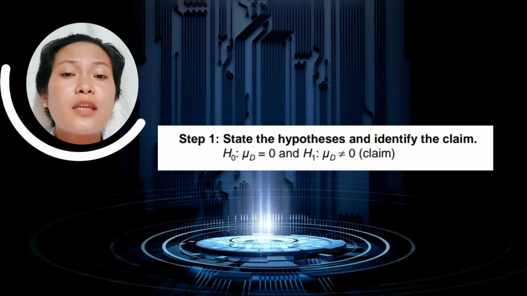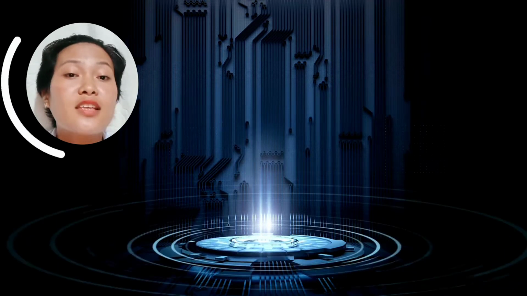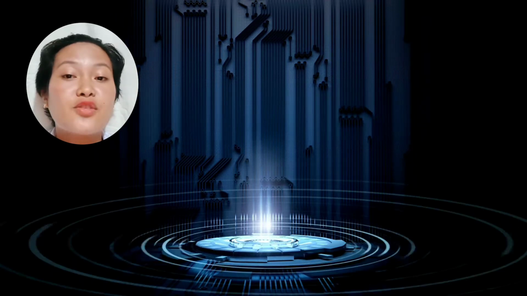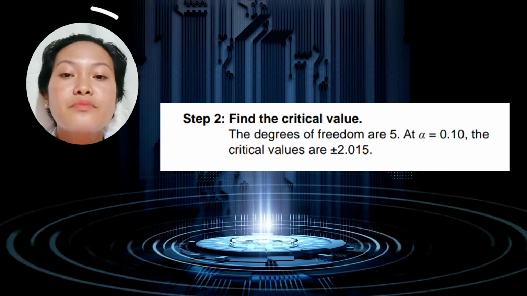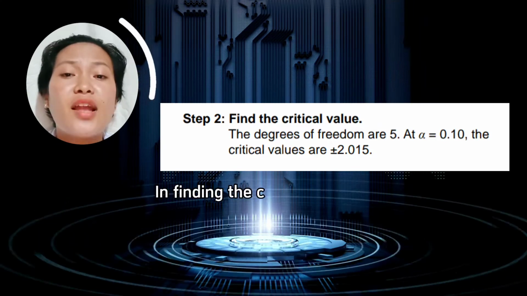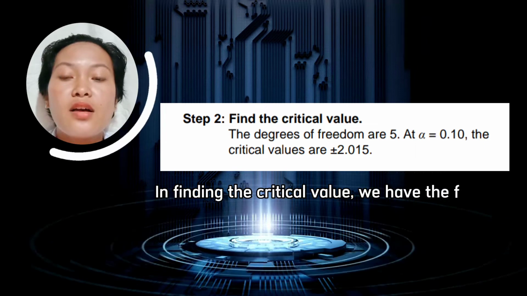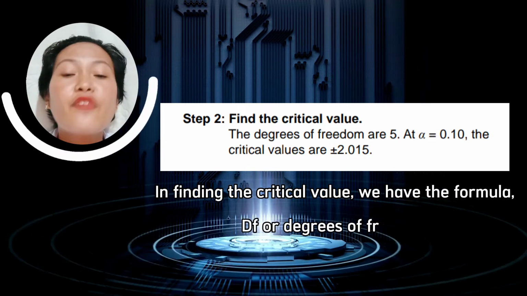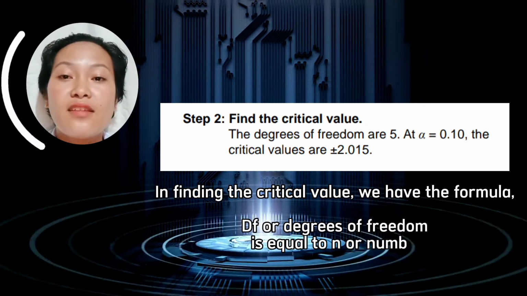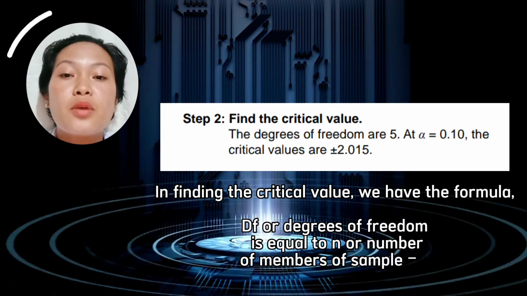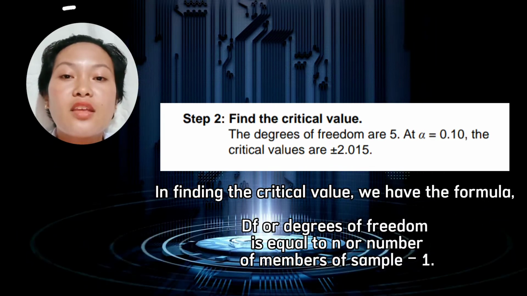Now that step 1 is satisfied, let us proceed to step 2, which is to find the critical value. In finding the critical value, we have the formula: df, or degrees of freedom, is equal to n, the number of members of the sample, minus 1.